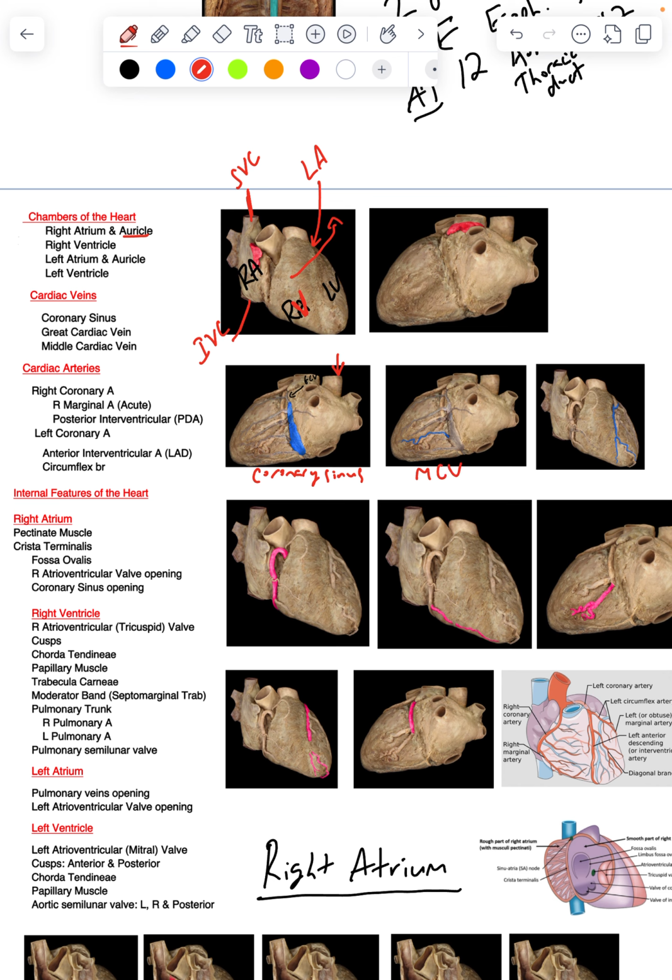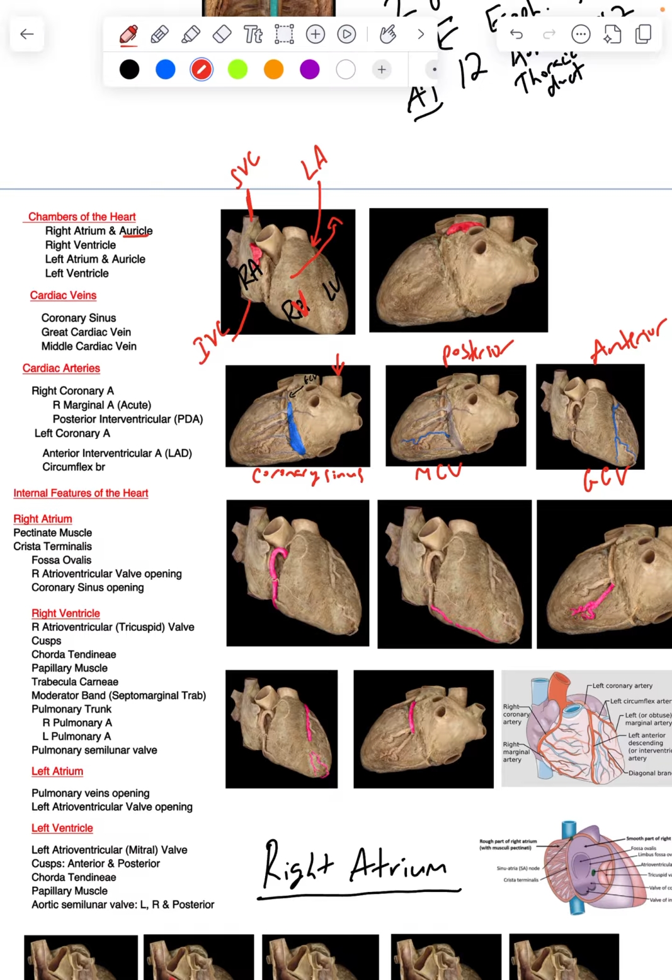And then if you look at your coronary sinus over here, if you continued around this way, and then you turn the heart, that's where you would get the great cardiac vein. So the great cardiac vein is on the anterior side. So this is anterior. The middle, you see it on the posterior.